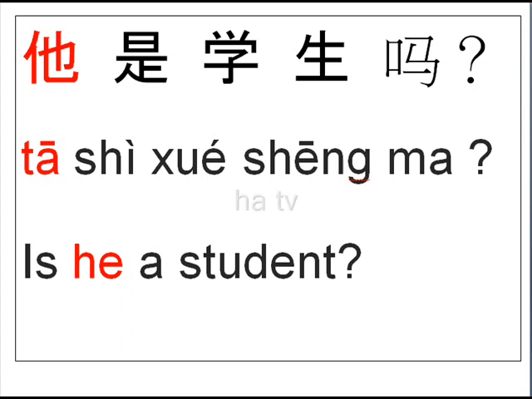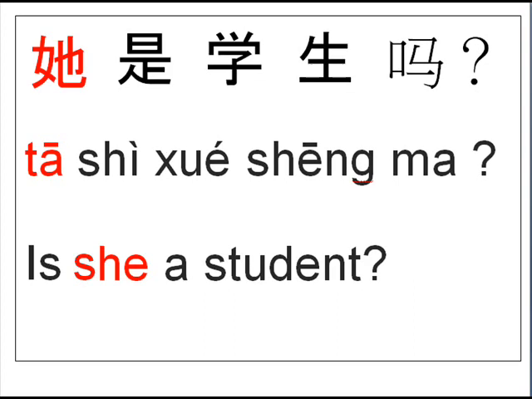Now, I do the same example with ta for she. So as we see, the pronunciation is the same, but the spelling is different. 她是学生吗？ Is she a student?